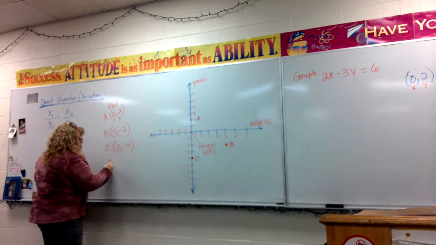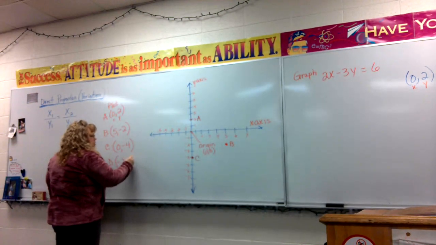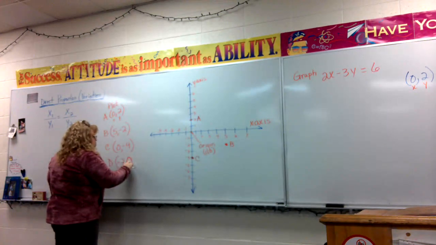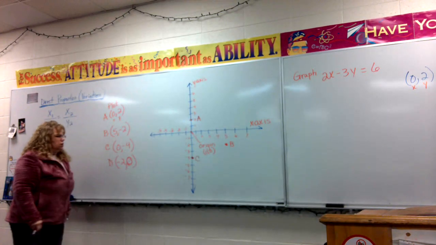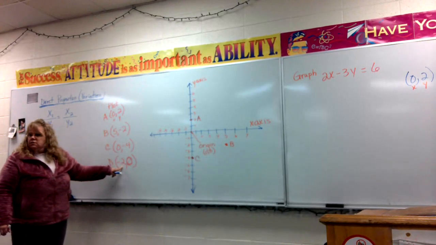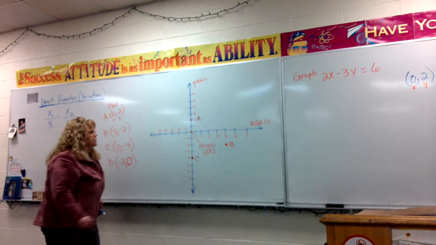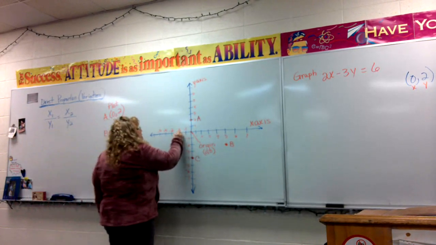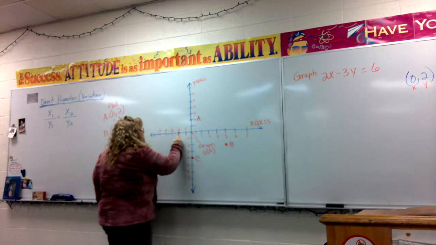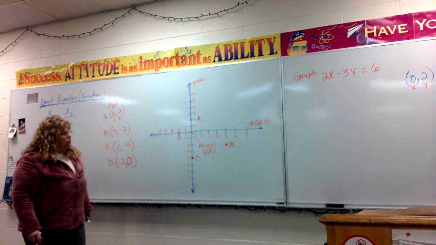How about one more? (-2, 0). Where is (-2, 0)? I would go 2 to the left and then 0 up or down. That's point D. You've probably done this already, right?